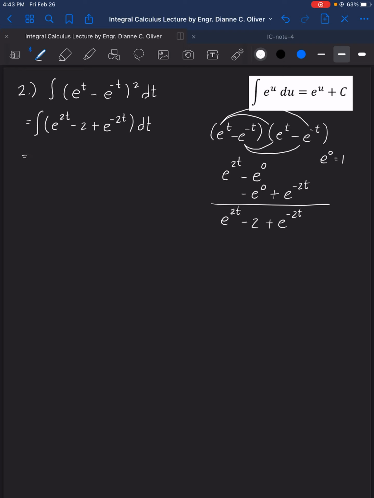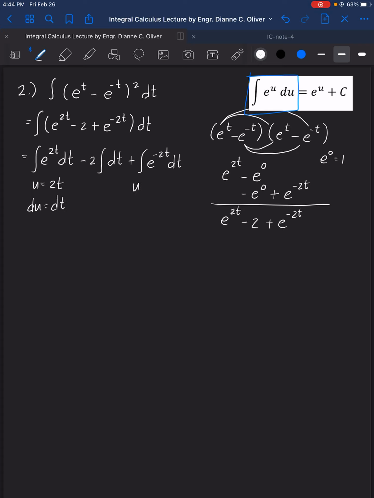That is equal to, let's distribute, the integral of e raised to 2t dt minus 2 times the integral of dt plus the integral of e raised to negative 2t dt. Then we can now use the pattern for e raised to u du. If we let u here equal 2t, therefore du is equal to 2 dt.